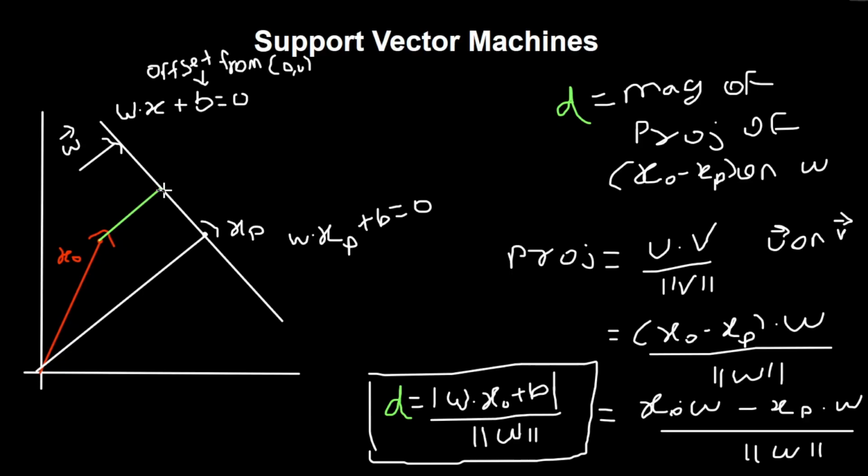Here we can see that the shortest distance from this point to the hyperplane is also perpendicular. So this is also parallel to the normal vector W. This W is parallel to this shortest distance which we're going to find. In order to find this, let's draw another vector from x0 to xp.